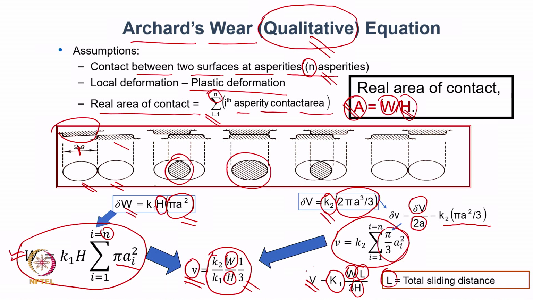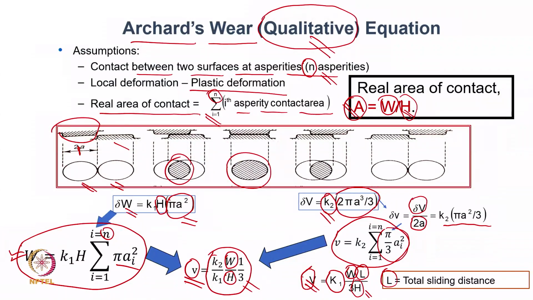But in this situation we say, if you want to reduce the volume of the wear, you need to maximize hardness. So, two different expressions. In this expression we are saying we need to minimize hardness. In this case we are saying that we need to maximize our hardness. So, which one is correct? We need to understand this, we need to perform some experiment and come up with the right results.